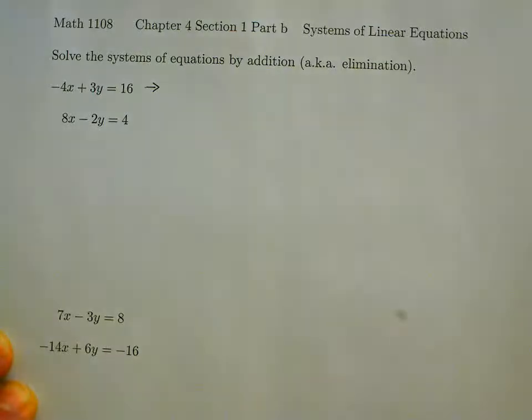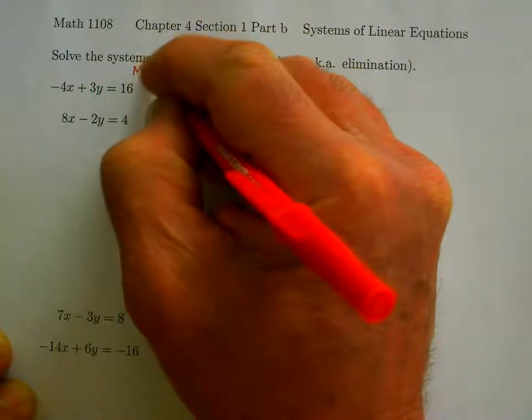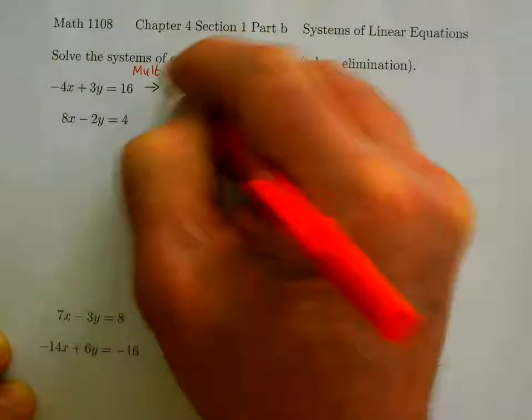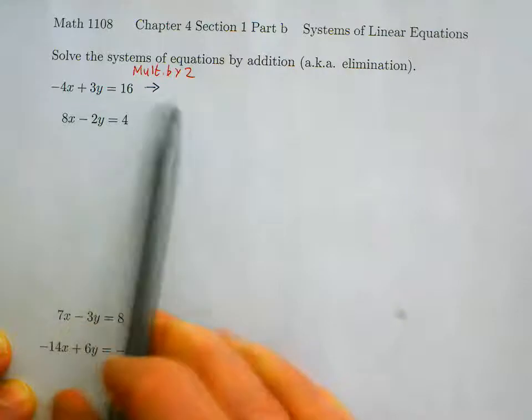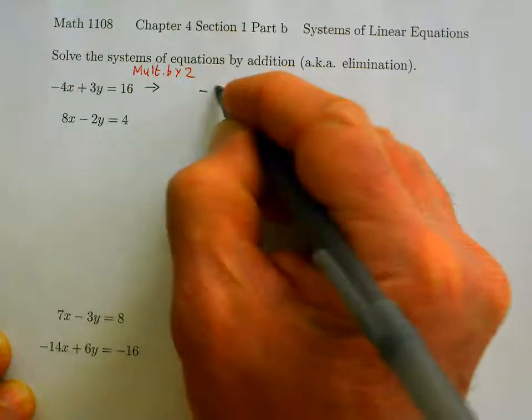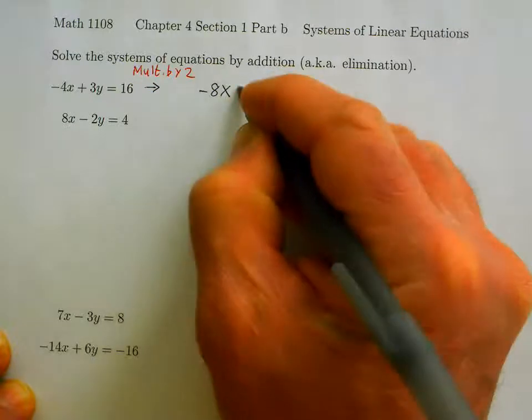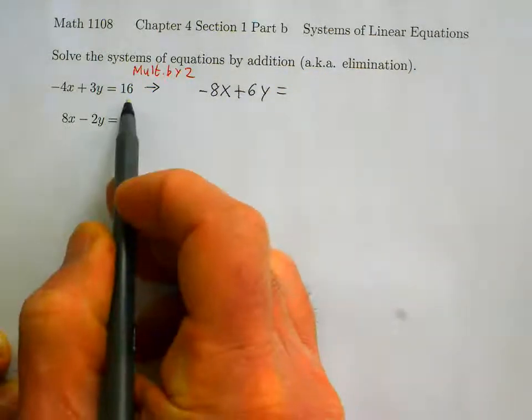So I'll just make a little note here. Multiply by 2, by which I mean multiply every term on both sides by 2. And the left-hand side becomes -8x plus 6y. And the right-hand side multiplied by 2 is 32.